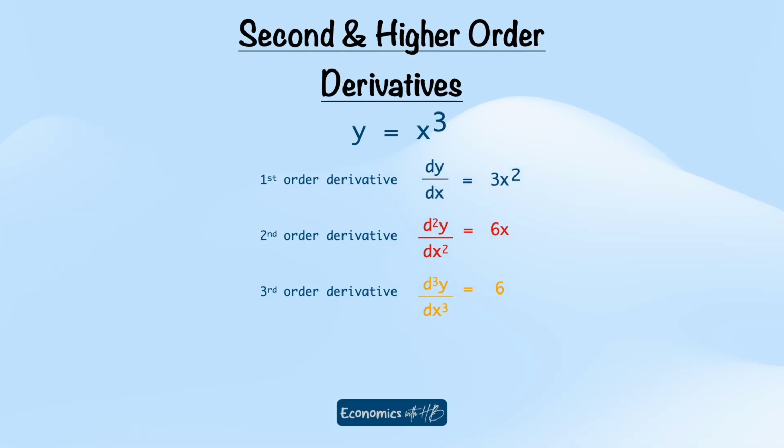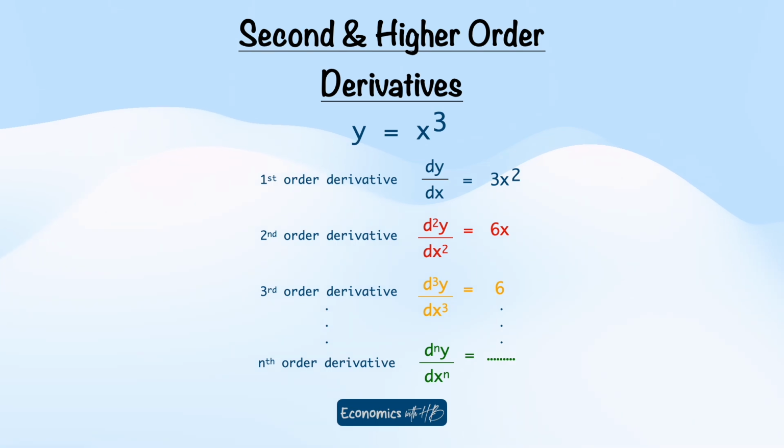We can differentiate the derivative itself to obtain the next order derivative. So higher order differentiation simply means differentiating a function more than once. In general, the nth derivative is denoted as d to the power n y over dx to the power n.